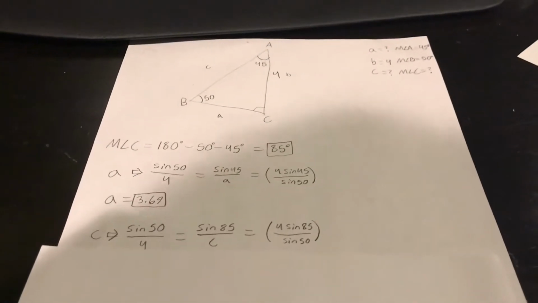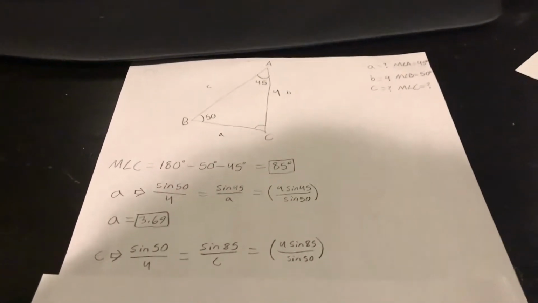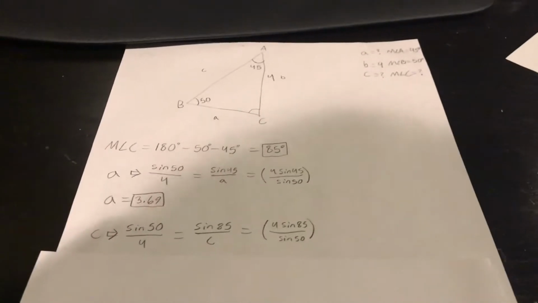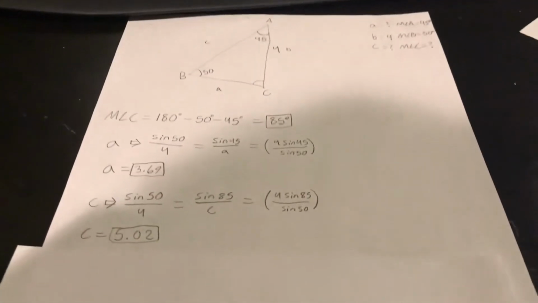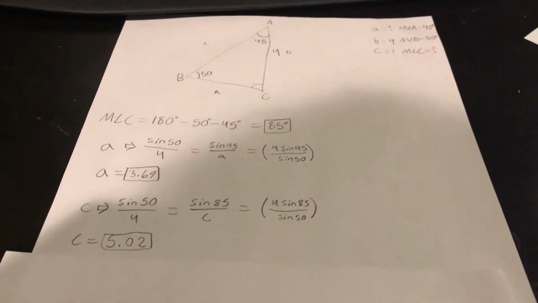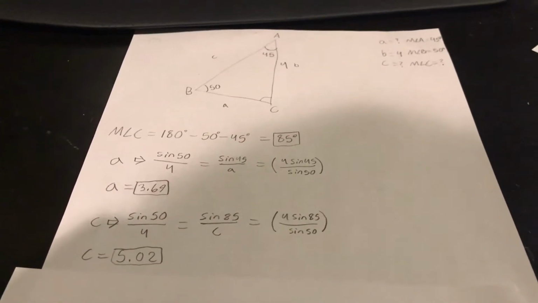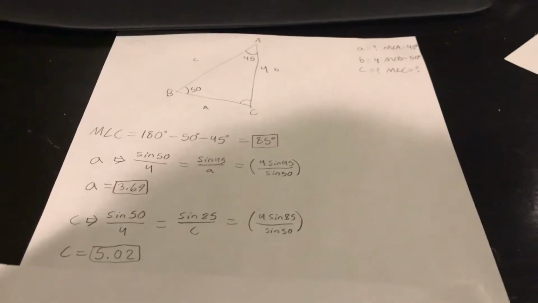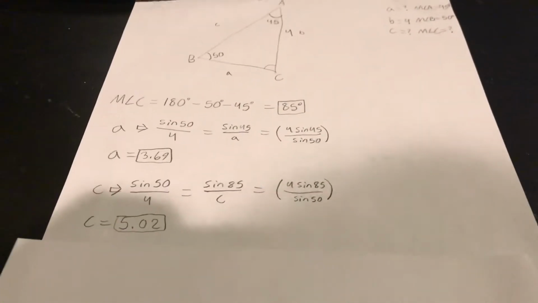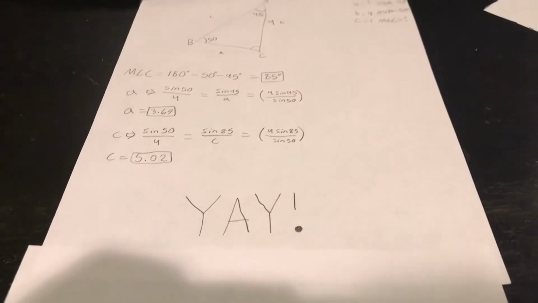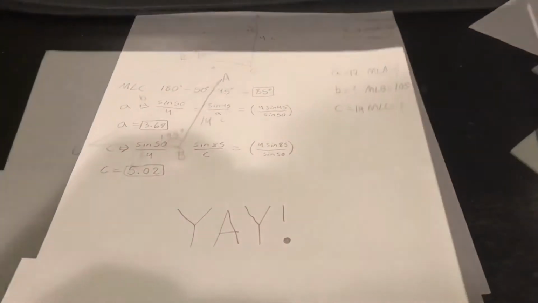Next we are going to find side C. We do that by using that equation and then plugging it into our calculator and finding that side C is 5.02. And we have now figured out the entire triangle, and we get ourselves a yay.